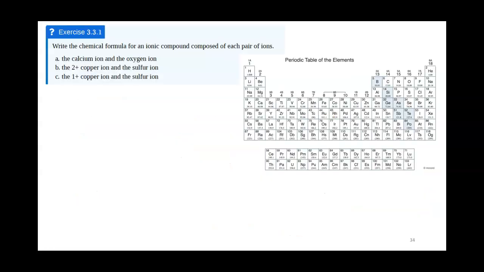So this is an exercise from the book. It says write the chemical formula for an ionic compound composed of each pair of ions. So in the first example, it says the calcium ion and the oxygen ion, and we have no charges. But calcium is in group 2A, which means it's going to have a charge of 2+.